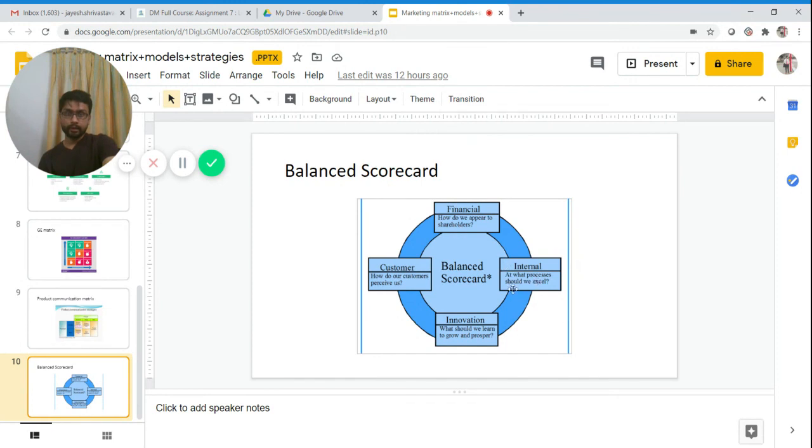In the internal segment, we tend to analyze how we can excel in our internal business growth. In the customer segment, we discuss how our customers perceive us, and lastly, in the innovation part, what new should we do to keep sustaining and thriving in the business environment.